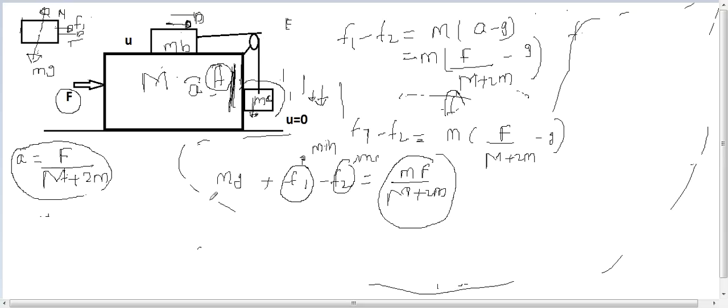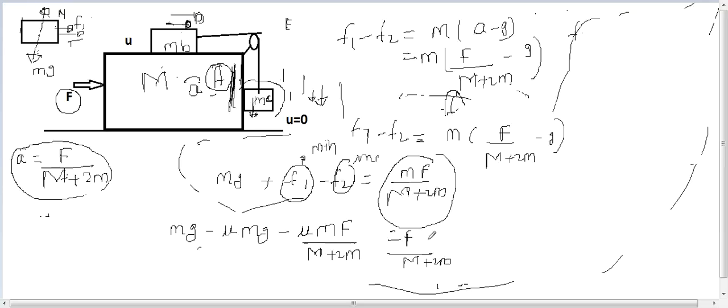So what is the minimum? With sign, this will become mg minus mu mg, because with sign. And this will be maximum, so this becomes minus mu m a, where a is f by m plus 2m, into m.